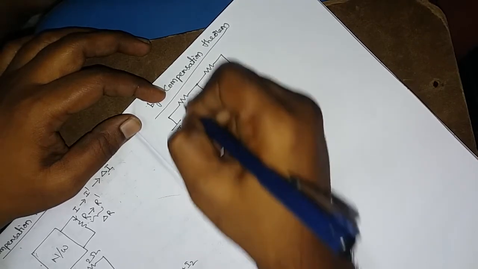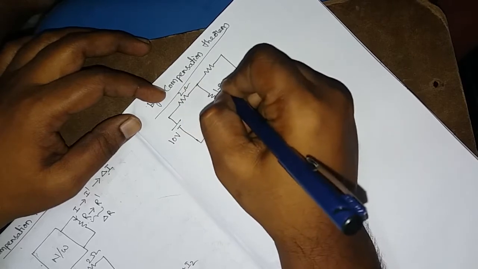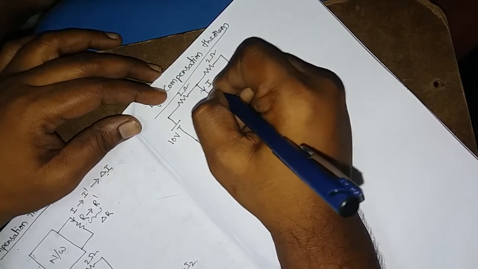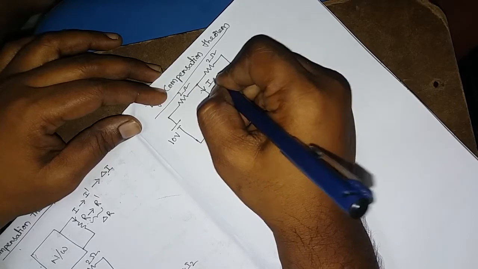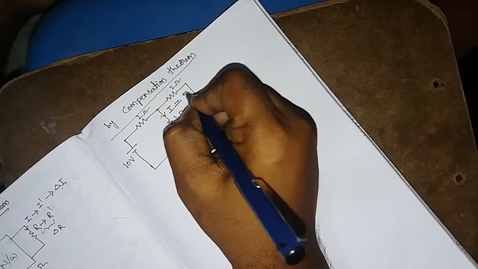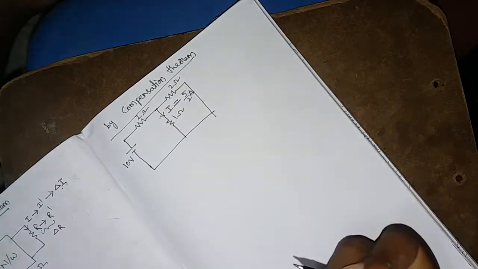This is 10 volts, 2 ohms, 1 ohm, and this is 2 ohms. Let the current be I. So already we know I is equal to 5 by 2 amps. I am taking the same value, 5 by 2 amperes.